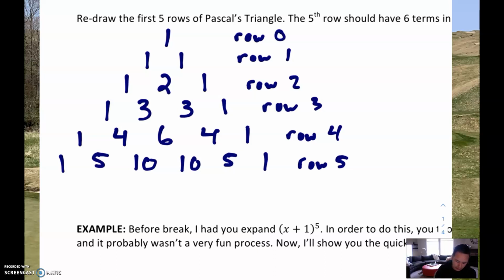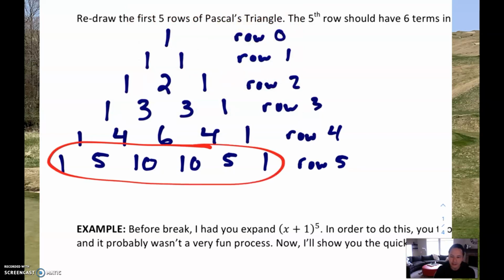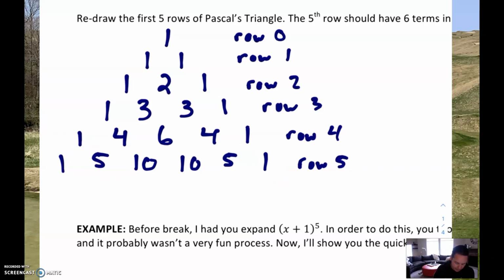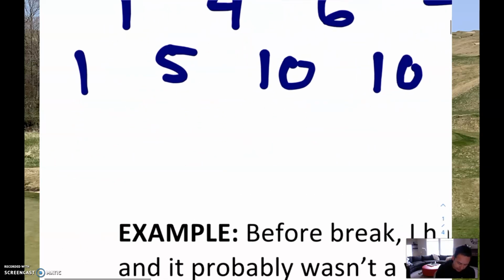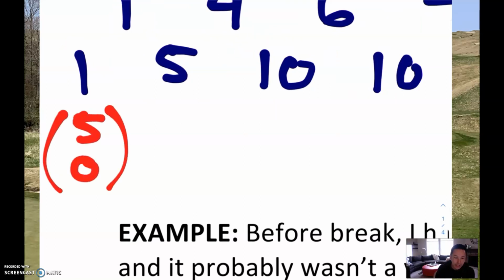I do want to point out one other thing. You can always get these numbers by using the combination button on your calculator. So we talked about those before. If you want this one here, you can get that by doing 5 choose 0, and that would give you a 1. Anything choose 0 is a 1. If you want this term here, you could do 5 choose 1.